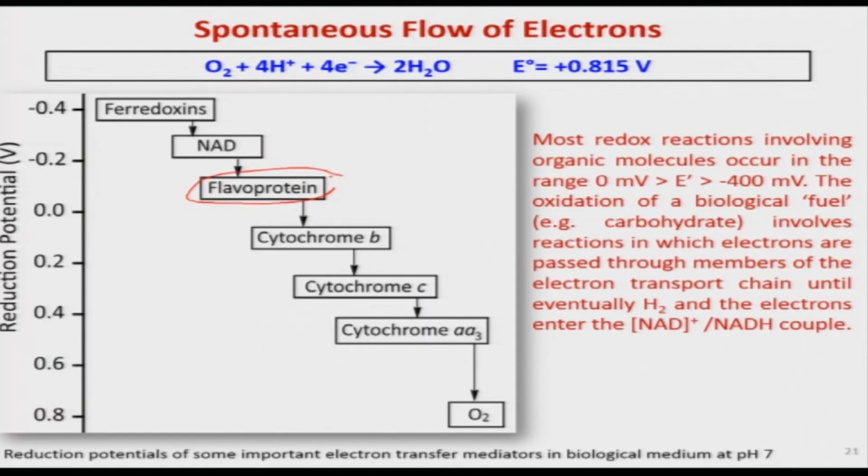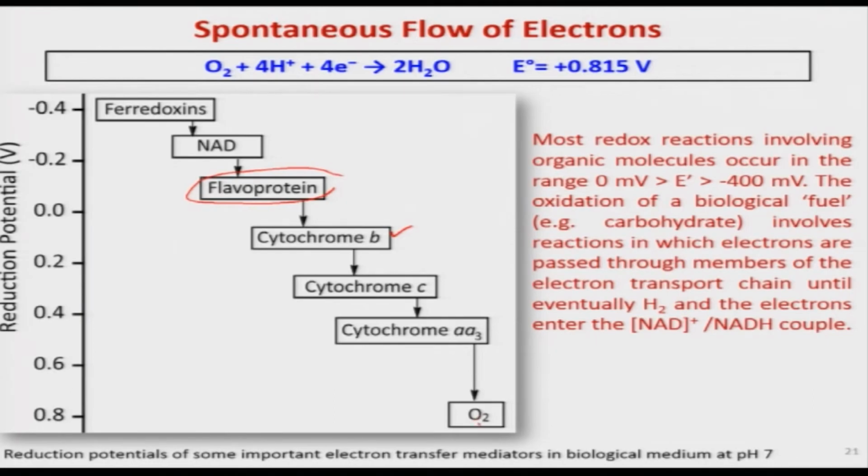Flavoprotein gives electron to cytochrome B, then cytochrome B will be reduced, flavoprotein gets oxidized. Cytochrome B gives electron to cytochrome C, then cytochrome C gets reduced and cytochrome B gets oxidized. Cytochrome C then gives electron to cytochrome AA3, and all these electrons come to O2.